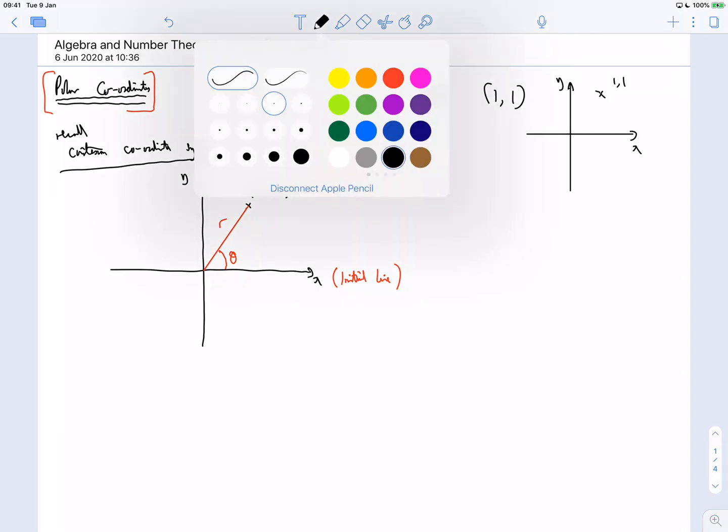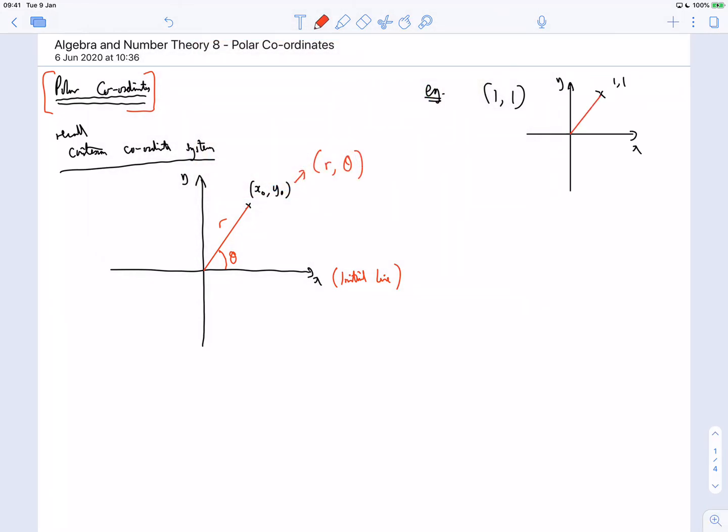So pretty obvious, I'm hoping, that just from Pythagoras, if this is of length 1, this is of length 1, and that's of an angle theta, then the radius is clearly root 2. And the angle it makes, now we're always going to be using radians from now on, right? You need to get this idea of degrees out of your head. We're using radians, so if pi over 2 is a right angle, then this would be pi over 4. And that's pretty obvious to see where that comes from, because just inverse tan of the opposite, which is going to be the y coordinate over the x coordinate, is going to give the theta value.